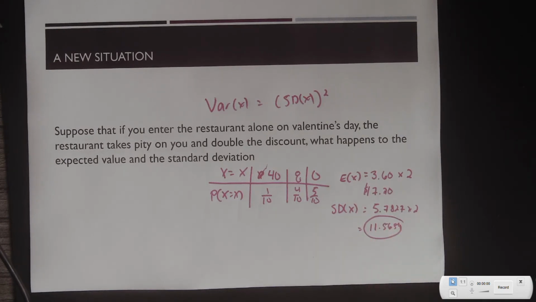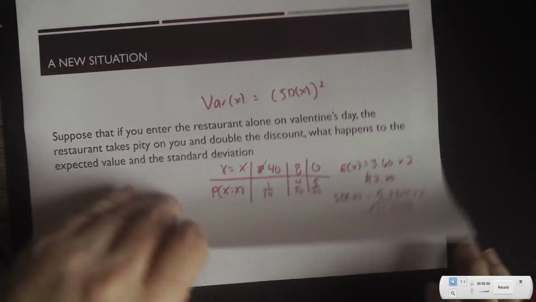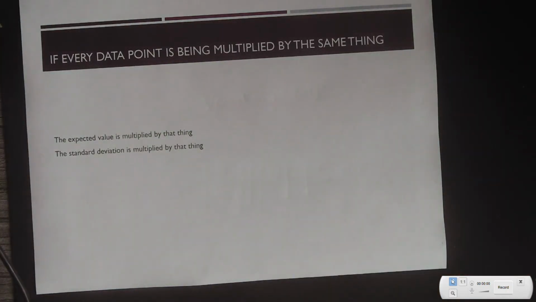So that's probably an easier route to go. But here's the rules. The expected value is going to be multiplied by whatever that thing is. So if it's 2, you're going to multiply by 2. If it's 3, you're going to multiply by 3. If it's 4, you're going to multiply by 4. Standard deviation is also multiplied by the exact same thing. And that's it.